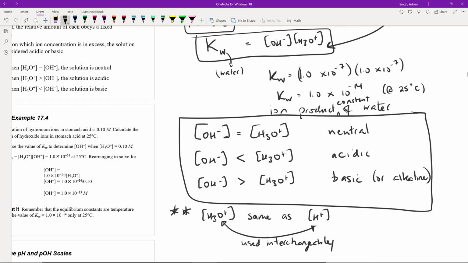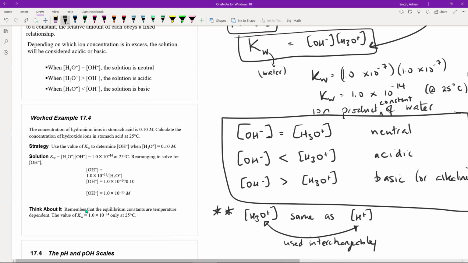So on the left side here, we're told that the concentration of hydronium ions in the stomach is 0.10 molar. Calculate the concentration of hydroxide at 25 degrees Celsius. All right, so you're given the concentration of hydronium, H3O plus, as 0.10 molar. And what we need to find here is the concentration of hydroxide. We don't know this.